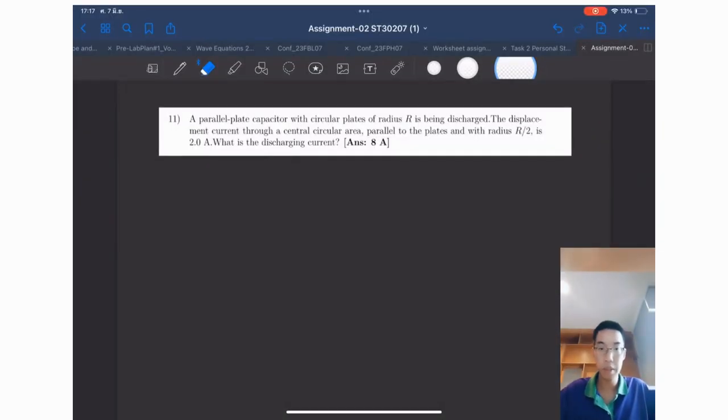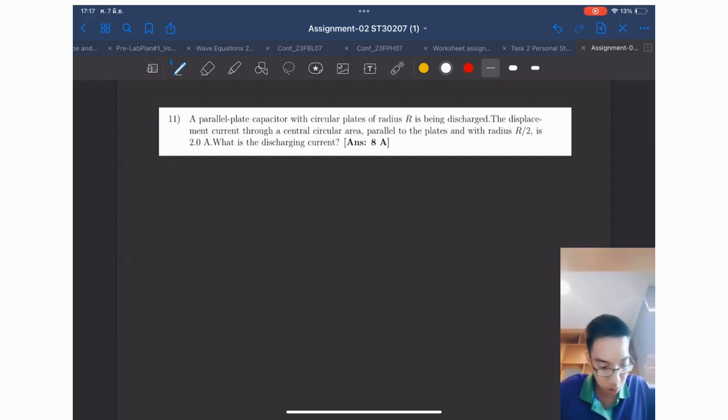Hello guys, today I'm going to be talking about problem 11 of my own physics homework. We have a displacement current through a central circular area with radius r equal to capital R over 2, which gives us I equal to 2 ampere.